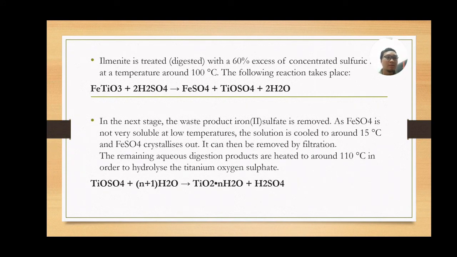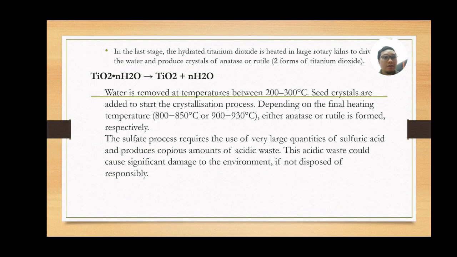It can then be removed by filtration. The remaining aqueous digestion products are heated to around 110 degrees Celsius in order to hydrolyze the titanium oxygen sulfate. So this is another process for this stage.